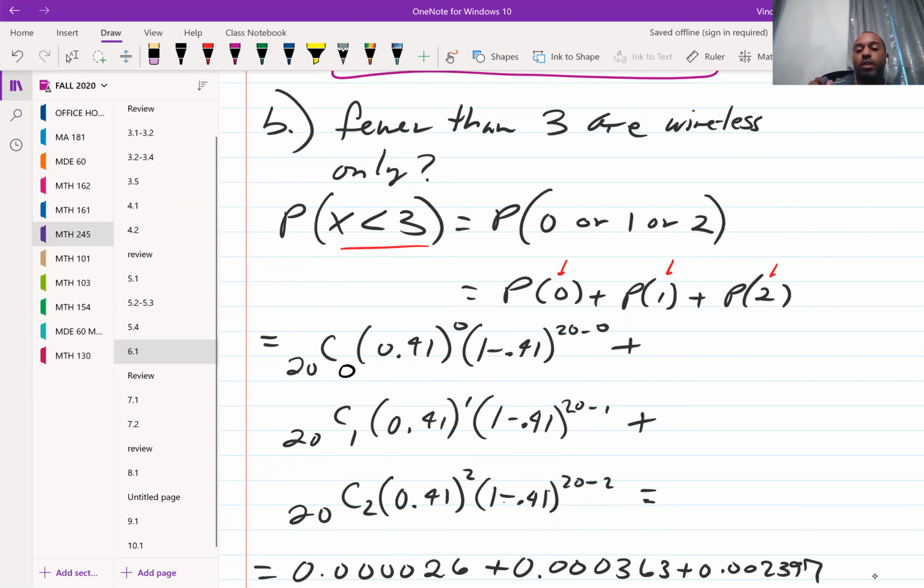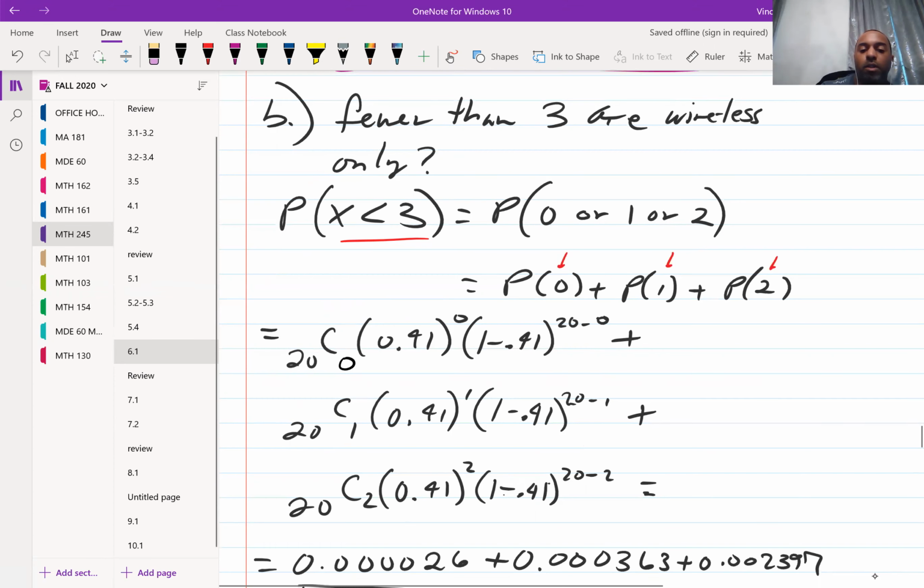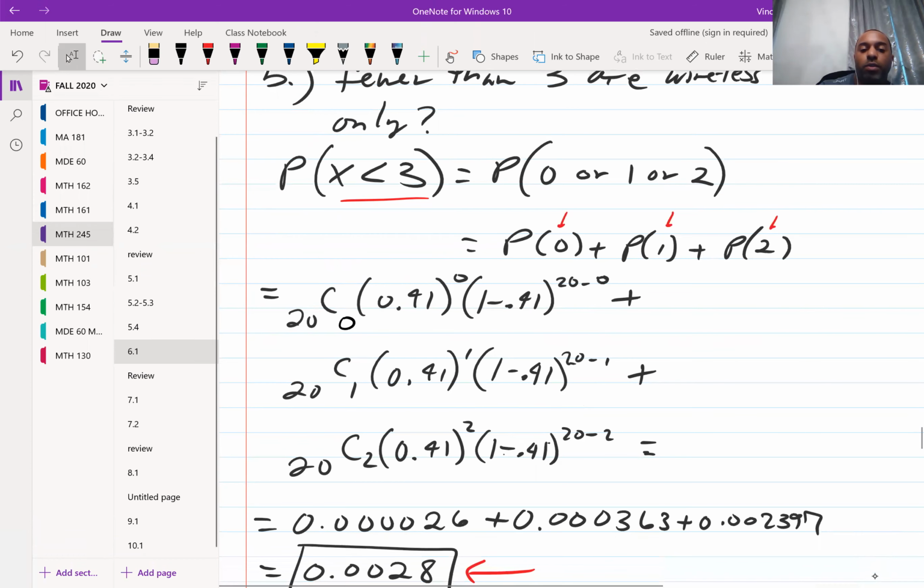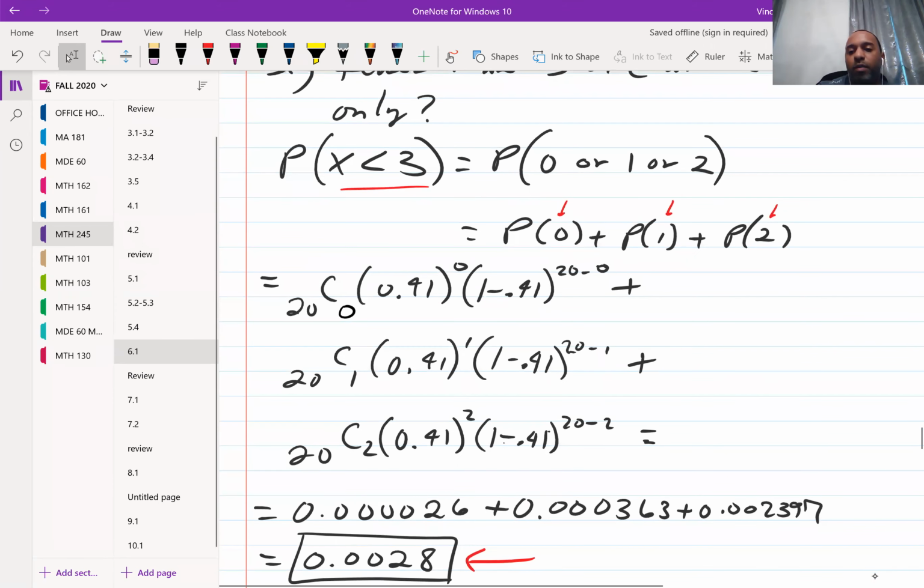Also, once again, I don't know what the website is, but when you Google the binomial probability experiment calculator, it's one of the first ones that pop up, and all they ask you for is n, x, and p. Put it in there, and these values will come out. So for the first one, 0.000026, next one, 0.000363, and then for the probability of 2, 0.002397.